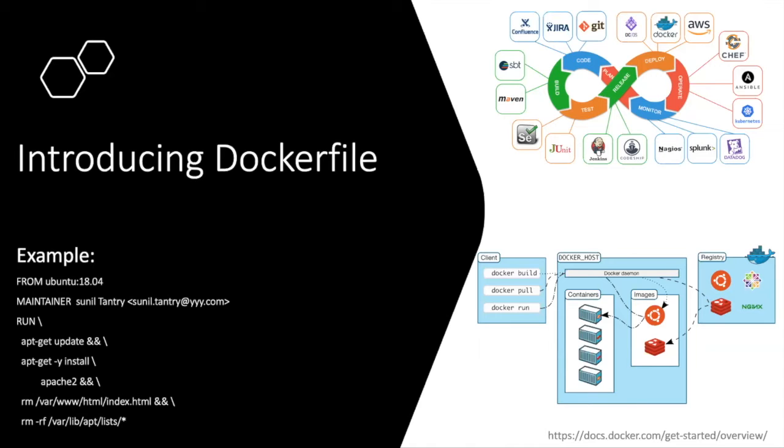And then in the subsequent command, you also install Apache 2, which is a web server. And then once you have installed Apache 2, you delete the default index.html file that comes with the web server. And then you also remove your package cache, right?